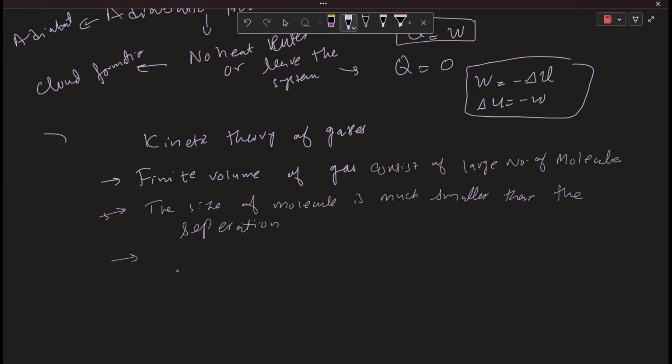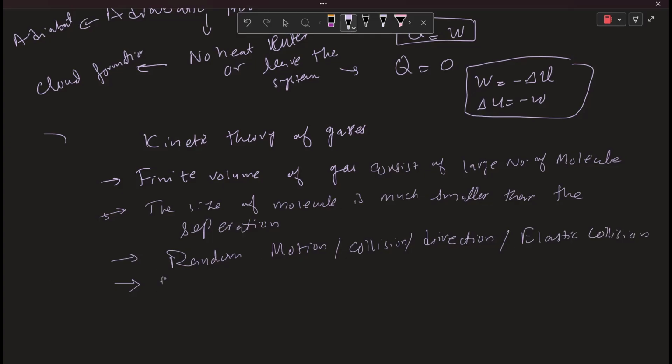What is the third point? They are always in random motion, and they collide with each other. And upon every collision, they change their direction. Their collisions are elastic in an isolated system.